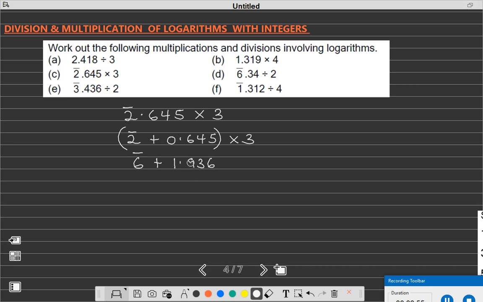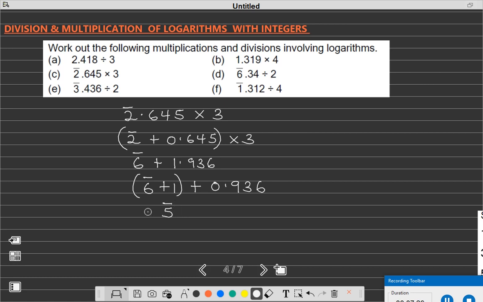Remember, this mantissa has produced a characteristic of 1, which we are going to combine with this characteristic of -6 or the 6 bar. So you have 6 bar plus 1. Then plus 0.935. You have to understand here that this -6 plus 1 will give us -5, and we write -5 as 5 bar.